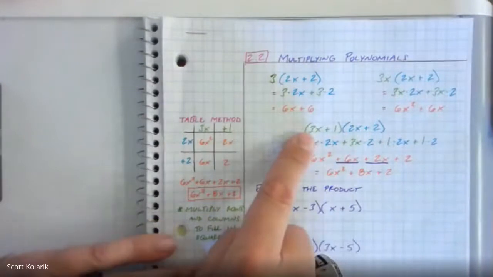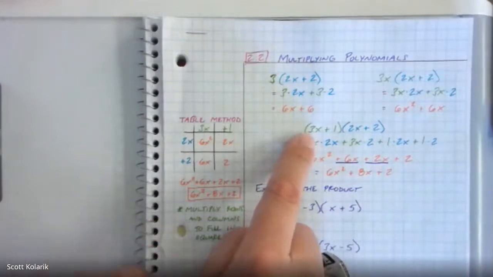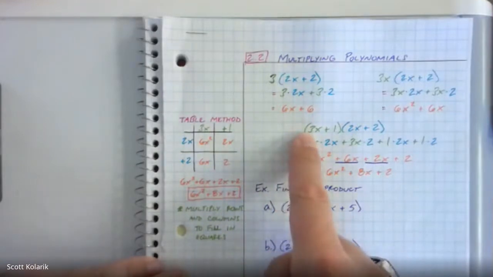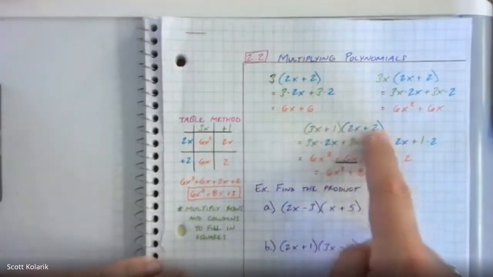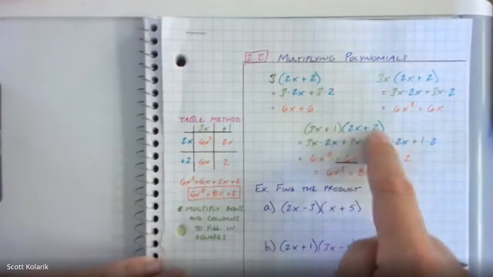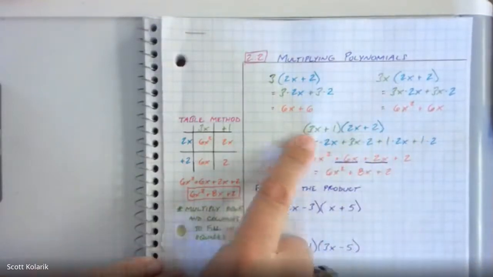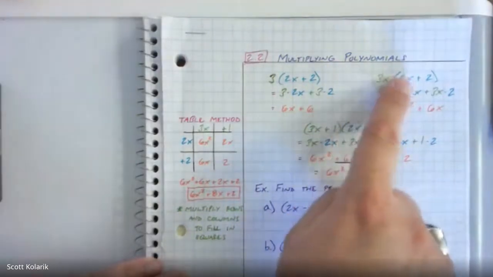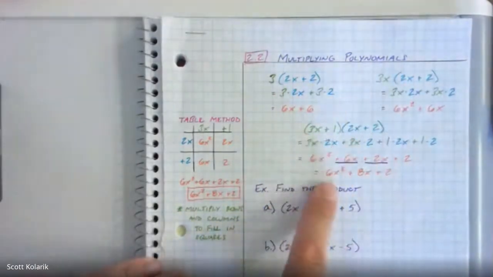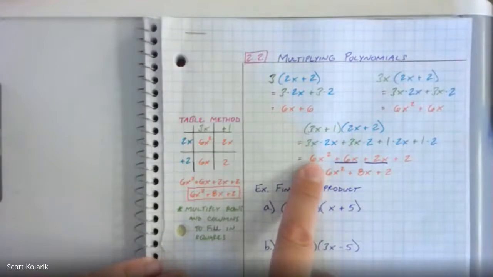I'm going to start with my first monomial, my first object, which in this case is 3x. And I'm going to distribute it by multiplication throughout the next parentheses, however many objects are in the next parentheses. In this case, just 2. So I would do 3x times 2x, which again, like we did before, gave us 6x squared.